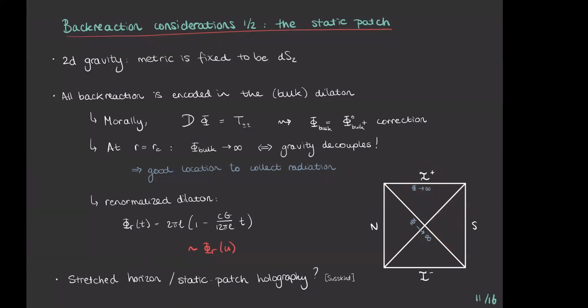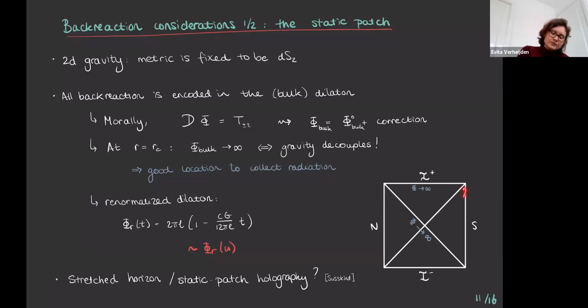I see. So I was wondering, why did you say the second asymptotic region lies outside, at the stretched horizon, rather than at the future horizon, as seen from scri plus?